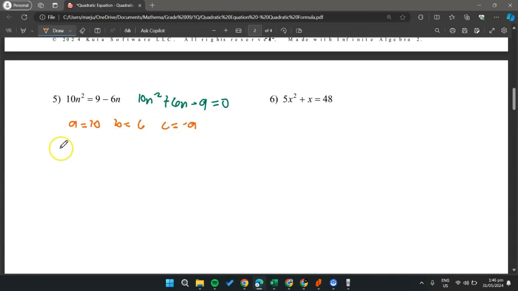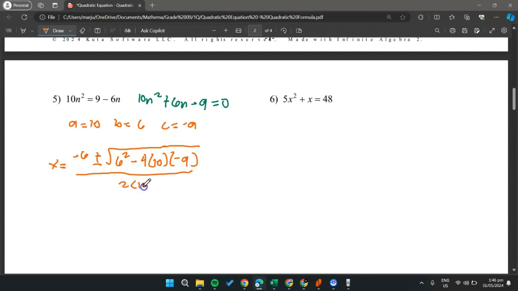And using again the quadratic formula, we will get x is equal to negative b, that is negative 6, plus minus the square root of b squared, so that is 6 squared, minus 4a, which is 10, times c, which is negative 9, all over 2a, which is 2 times 10.